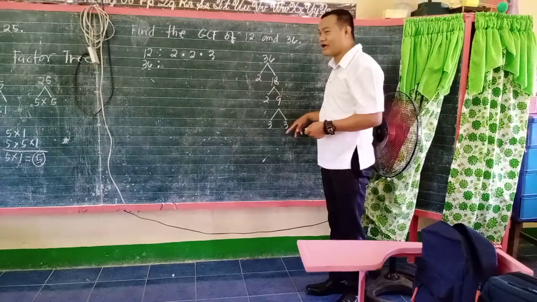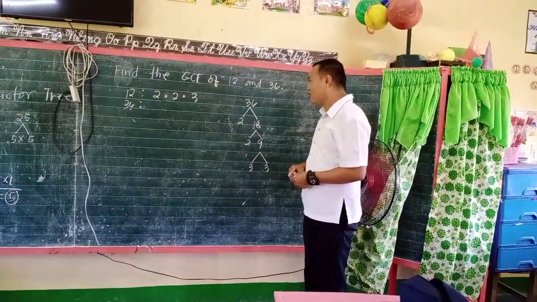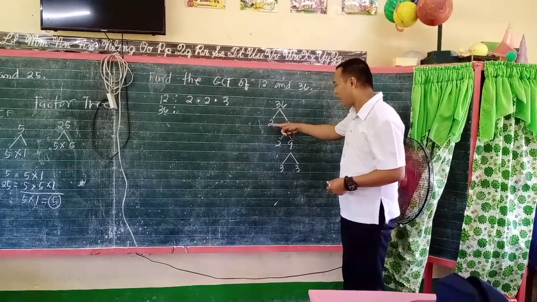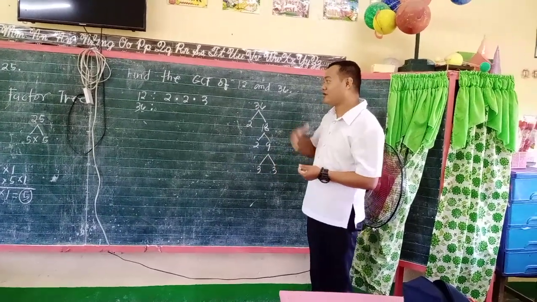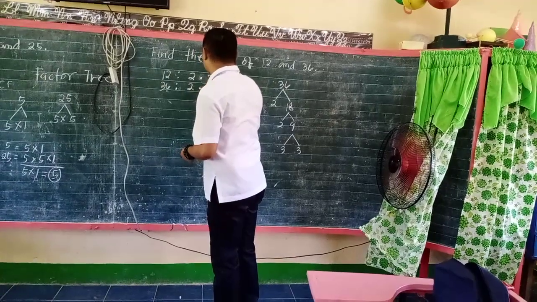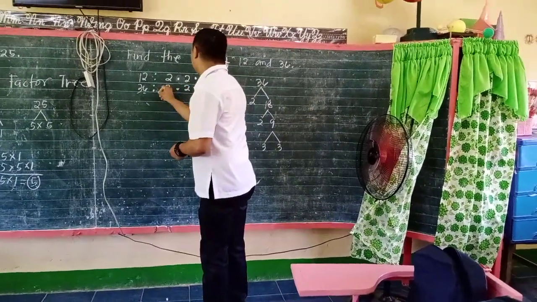So, there's no need for us to find the factors of 3. Now, by listing the factors of 36, we have 2 times 2 times 3 times 3.